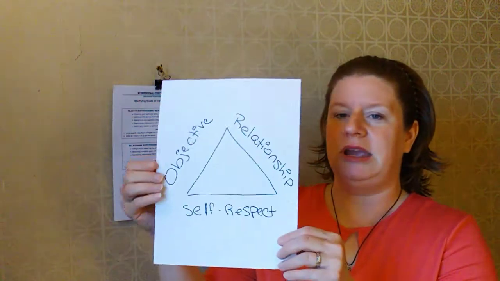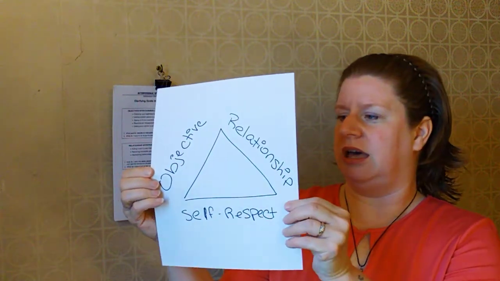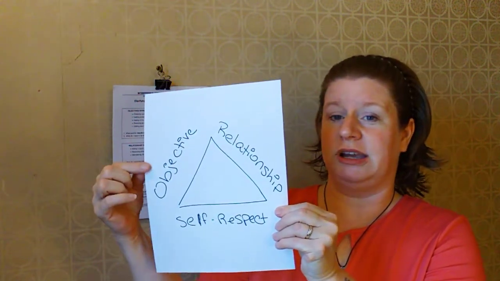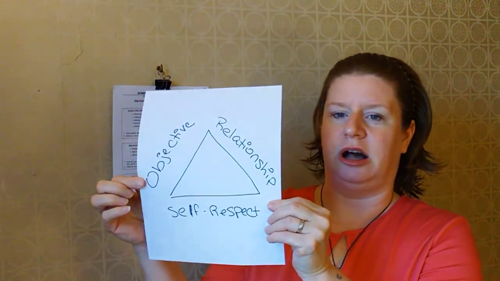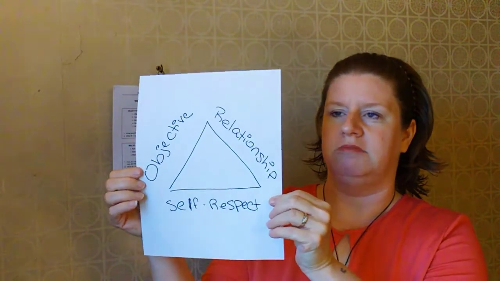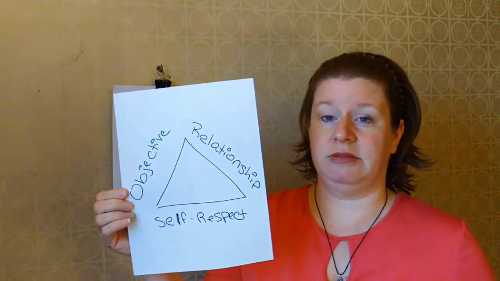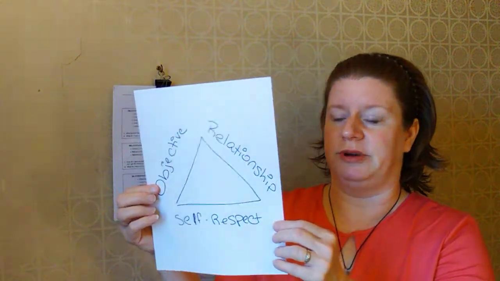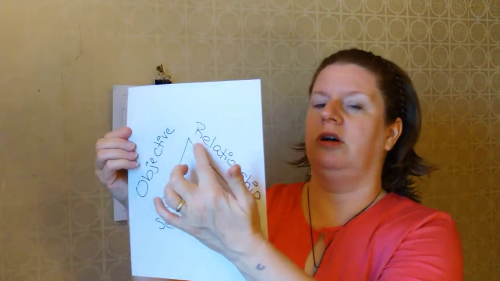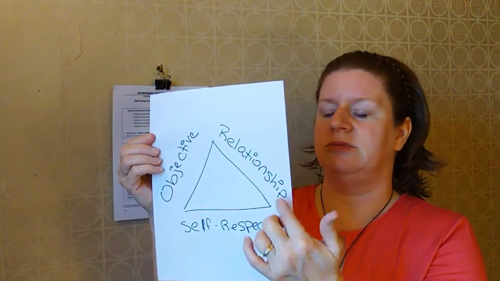First of all, when we clarify our goals in interpersonal situations, we're looking at 3 different aspects. We're looking at the objective: what is it that we're trying to accomplish? For example, if I'm asking you to mow the yard, then my objective is to get the yard mowed, right? We also want to balance the relationship.